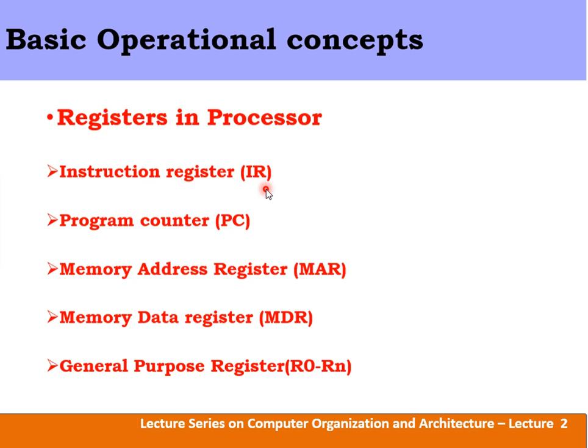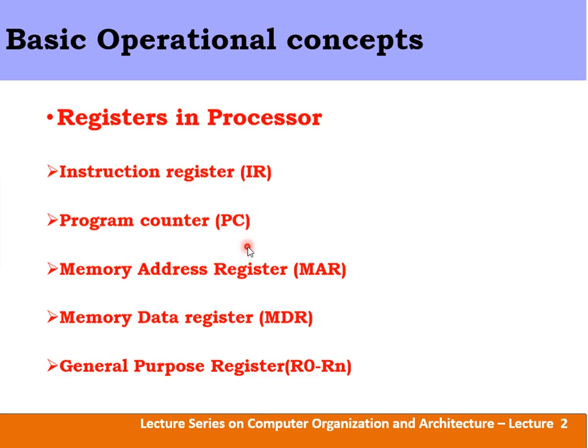When we are fetching an instruction from memory, the fetched instruction is stored in the instruction register. Hence, as it stores the instruction, it is called an instruction register. The instruction register always holds the instruction of the program.